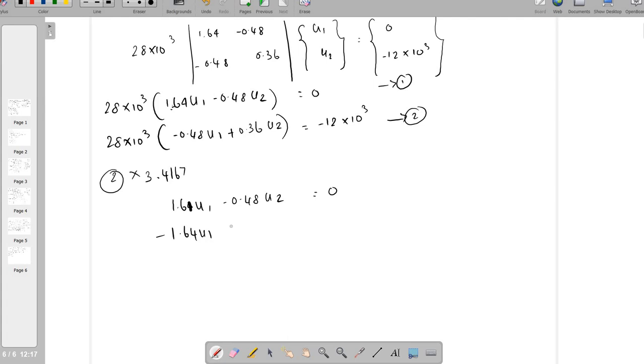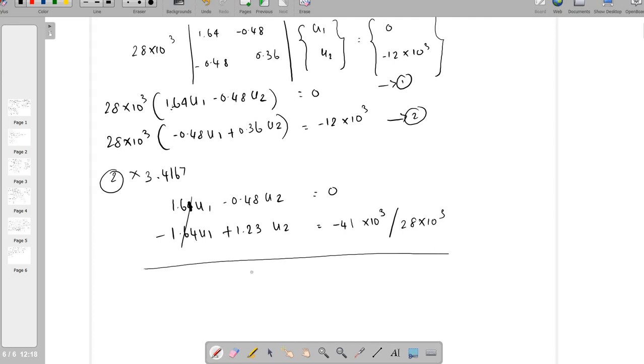Multiply 3.4167 into 0.36, it is plus 1.23 u2. And if you multiply 3.4167 with 12, it is minus 41 into 10 power 3, divided by 28 into 10 power 3, because I am bringing this 28 into 10 power 3 to the right side. So it is like this.